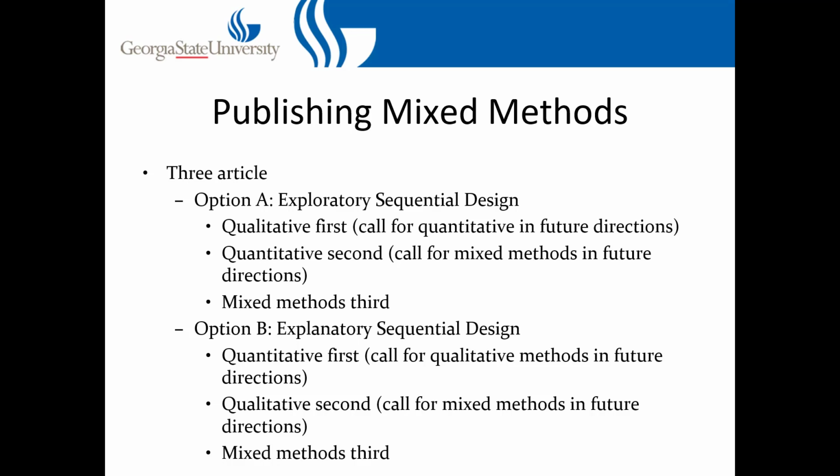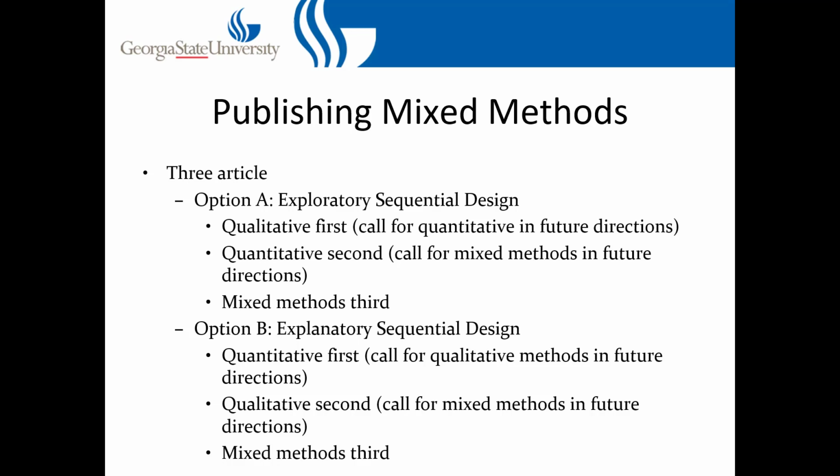Now you will notice that these go in the order that the design exists in. So exploratory goes qualitative, then quantitative, then mixed. Explanatory goes quantitative, qualitative, then mixed. And if you did a sequential transformative design, you would write in sort of a 6-article model, swapping option A and B as relevant to you.